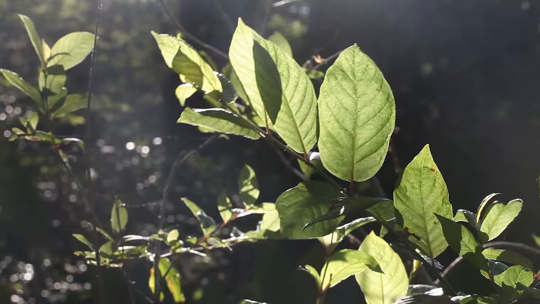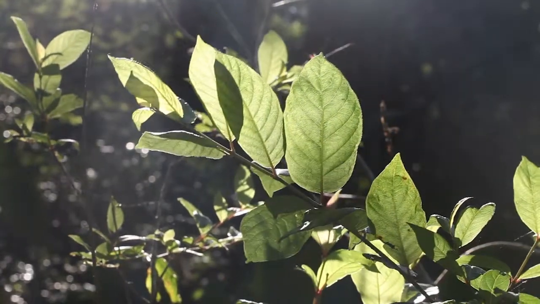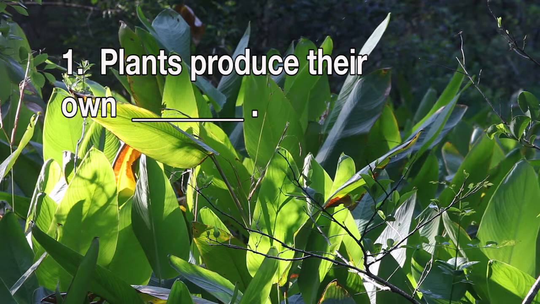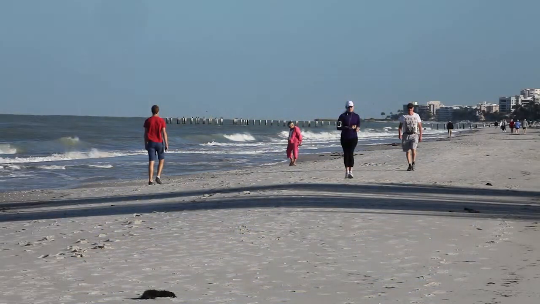Fill in the correct word to complete the sentence. Good luck, and let's get started. Number 1. Plants produce their own. Number 2. Rigid cell allow plants to grow tall. Number 3.